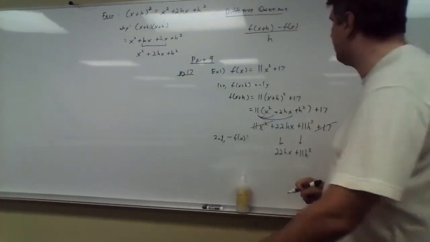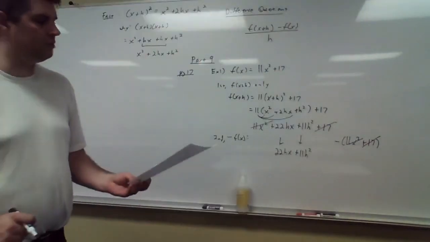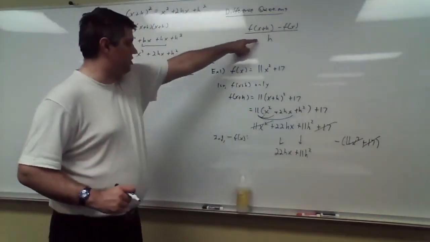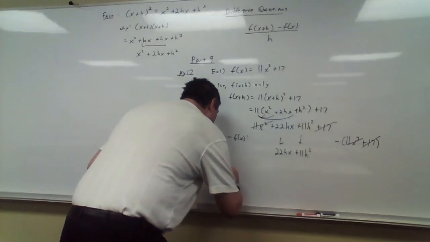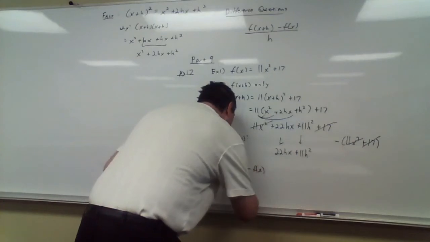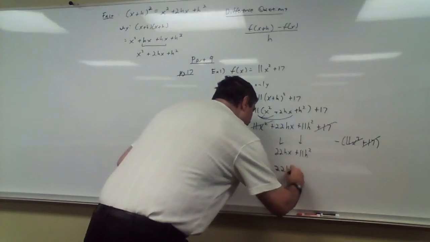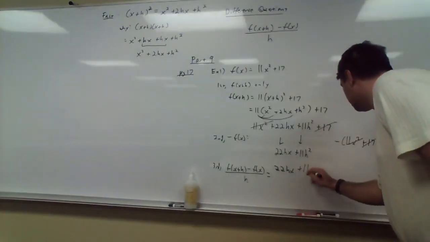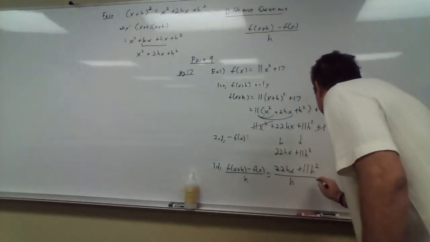Okay? Third, the third step, according to this, which is what I follow. Third, I will do this division by h. So third, f of x plus h minus f of x over h is just this stuff over the h.